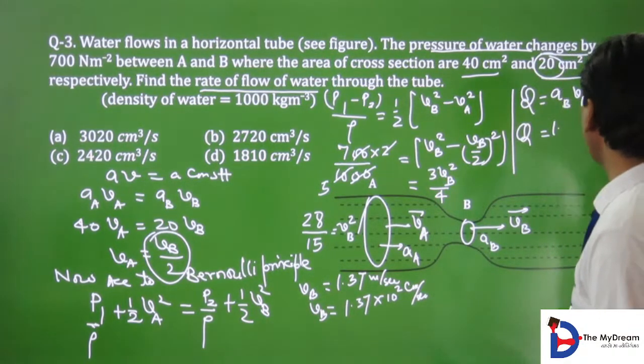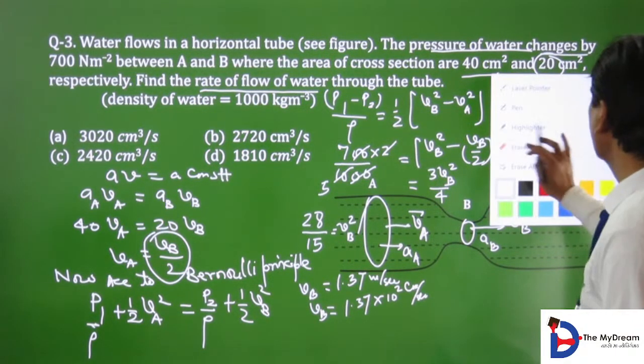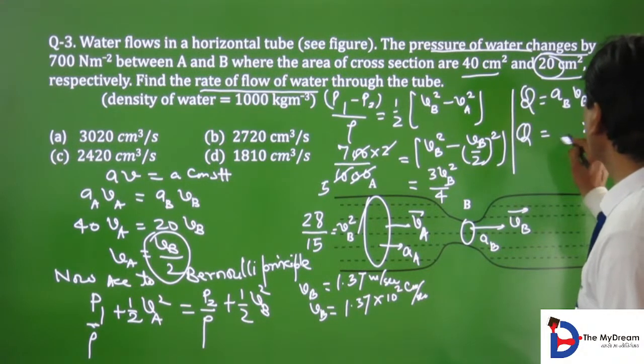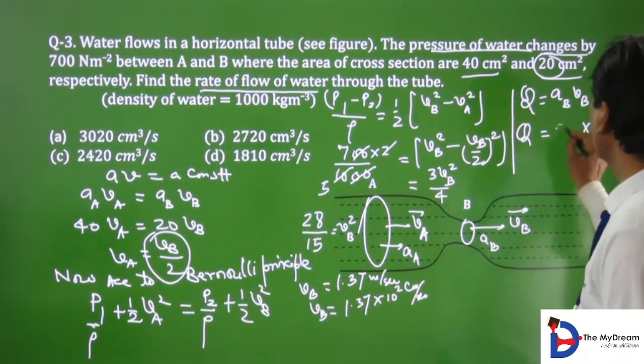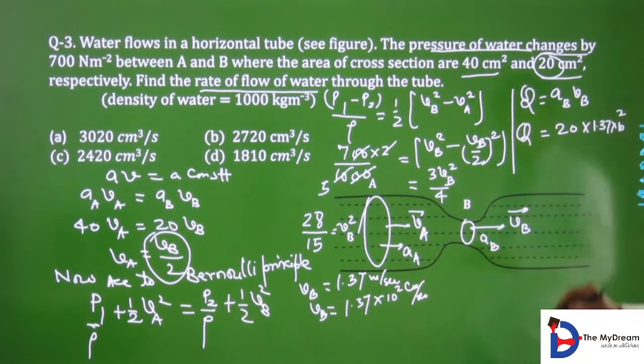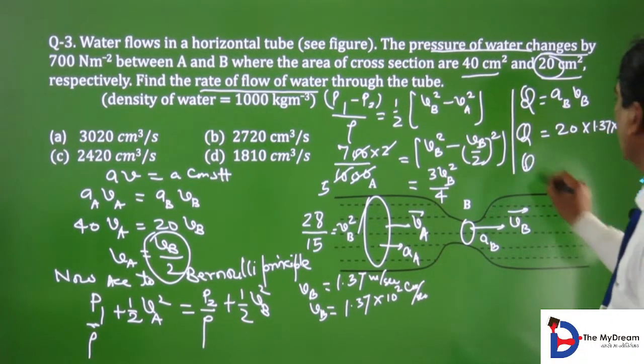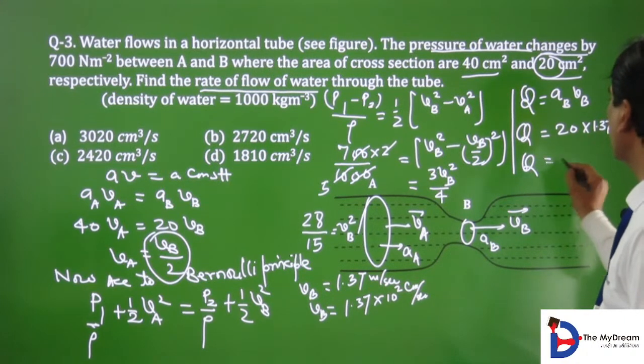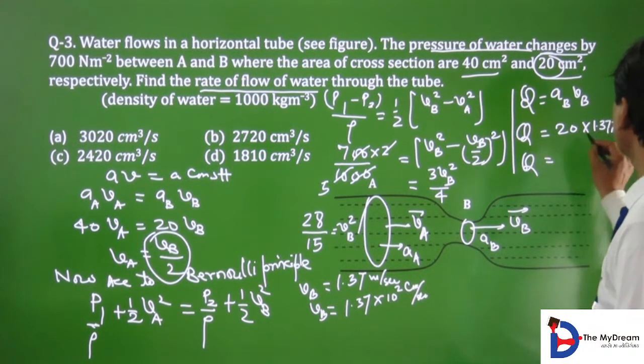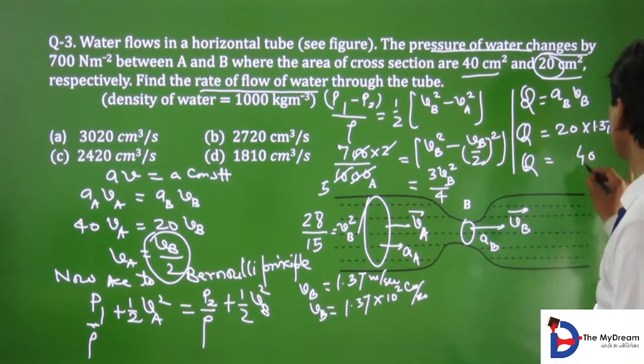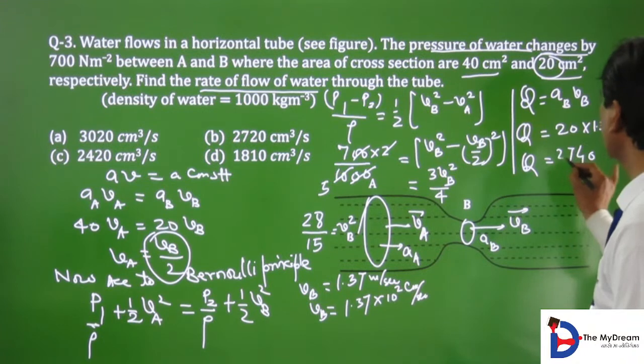So you can write down 20 here. Then you will get, this is multiplied by 0, 4, 7, 2.